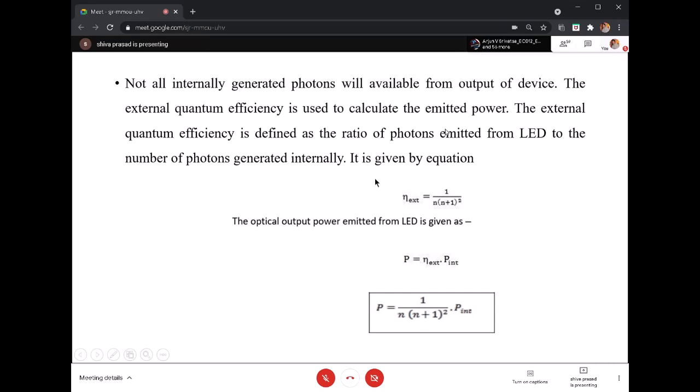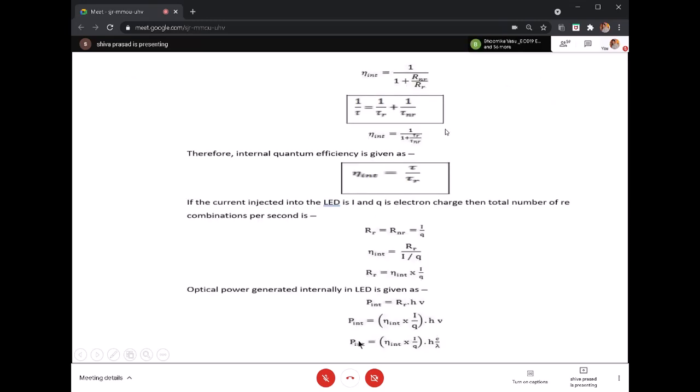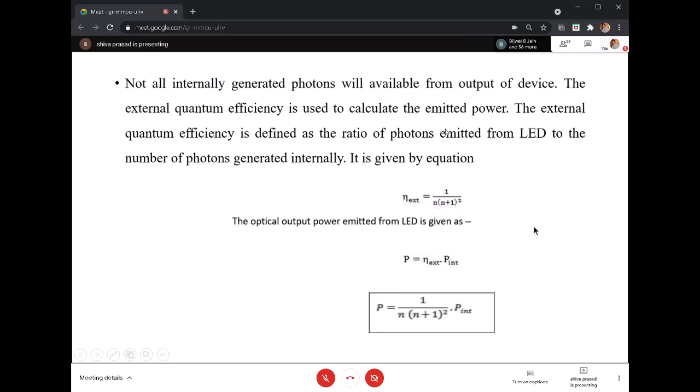So the external quantum efficiency is used to calculate the emitted power, that is, what is being fed to the outer fiber, whereas the previous one is what is generated internally.